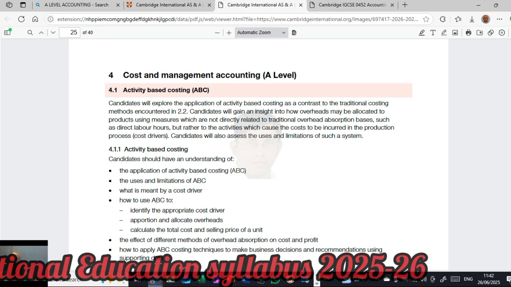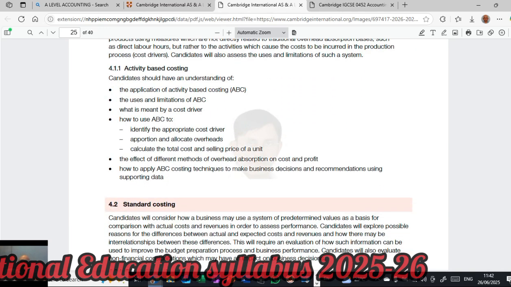You may be asked to compare and contrast the cost of a product using absorption costing and ABC. You may be asked how to apply ABC costing to make business decision recommendations using supporting data. This is one very important thing.